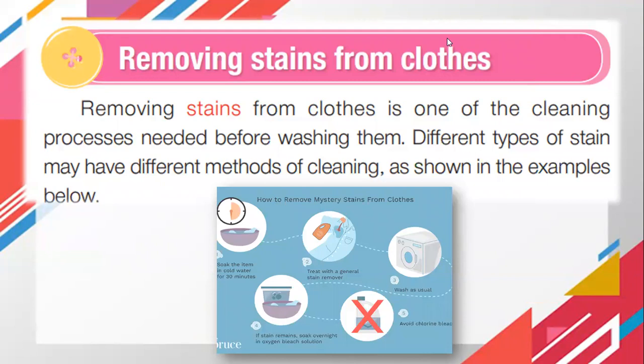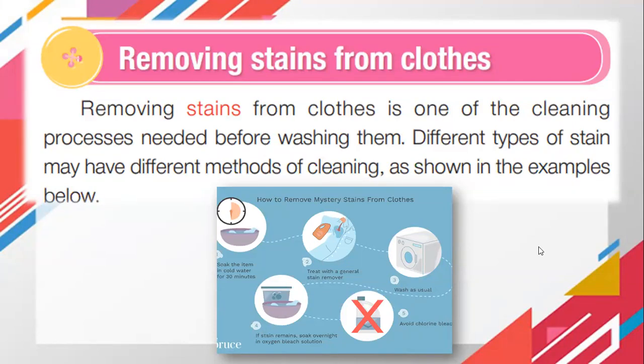Okay, so now let's learn how we are going to remove the stains from the clothes. So removing stains from clothes is one of the cleaning processes needed before washing them. Different types of stain may have different methods of cleaning, as shown in the example below.